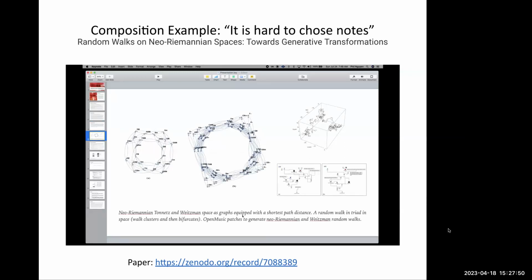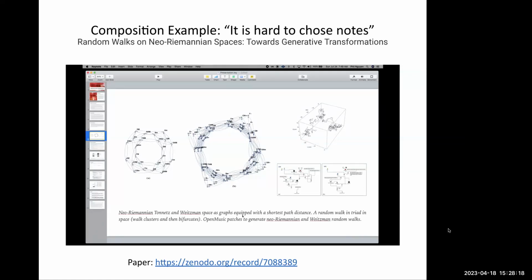Here in A on your left we have a neo-Riemannian Tonnetz, basically the transition graph of major and minor triads. In the center we have the same thing for the Weitzmann space, so major and minor triads, and also augmented and diminished triads.